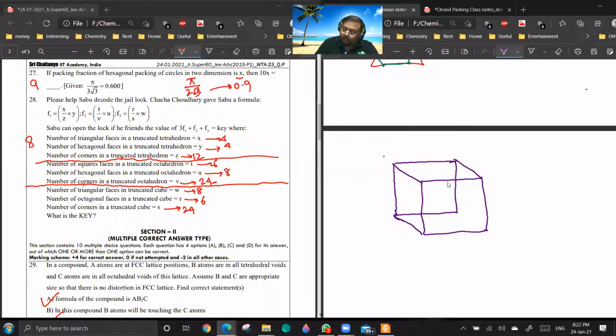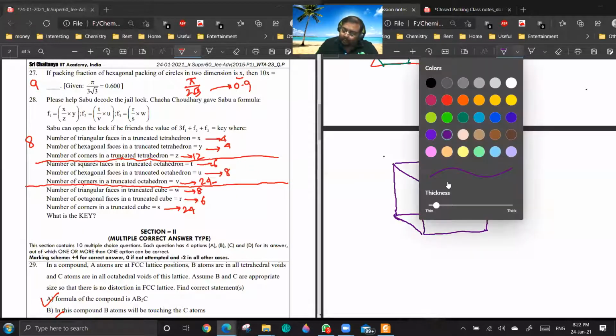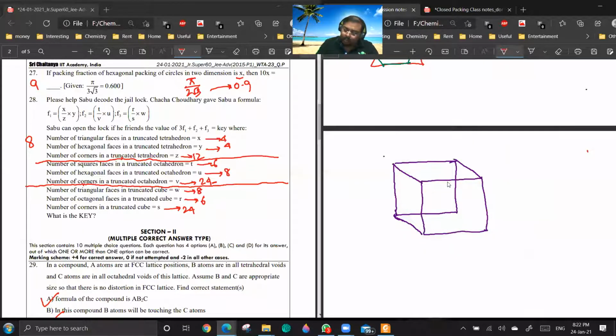Okay. Now you see, through one corner, how many lines are passing? 3? Yes or no? If I'm cutting, it would be like this only. Are you getting your point? If you're cutting a corner of a cube, you'll get a triangular face again. Yes. Okay.